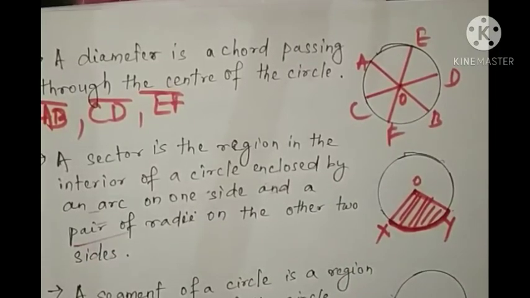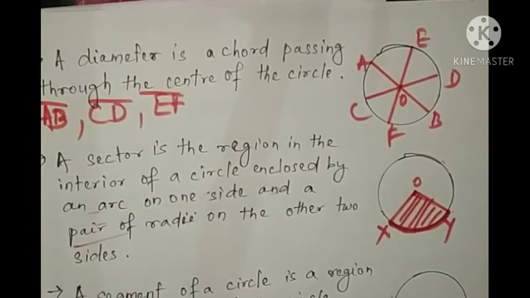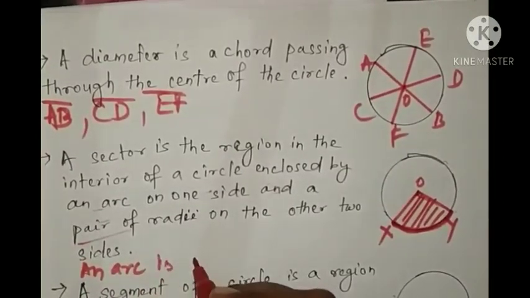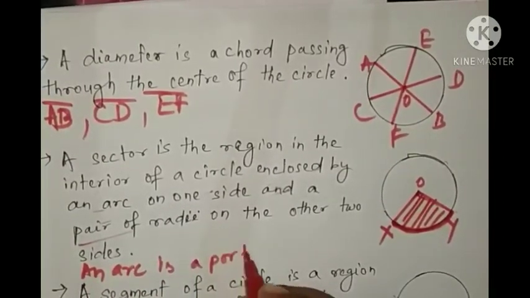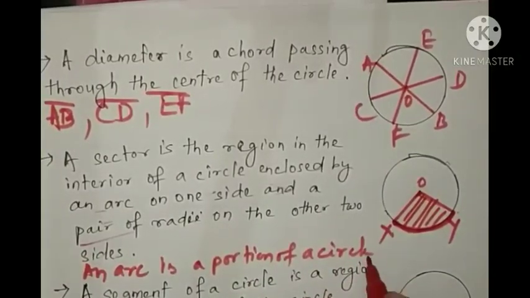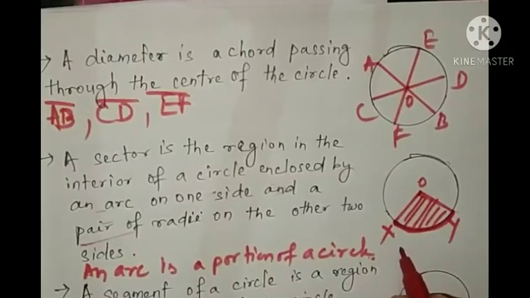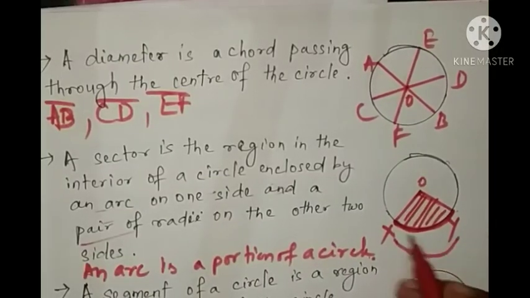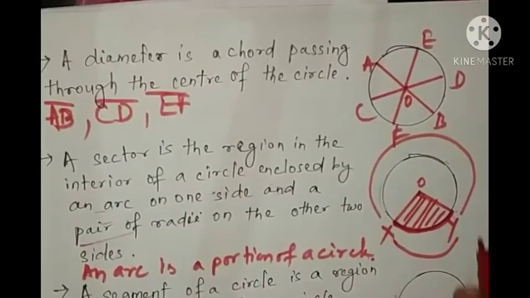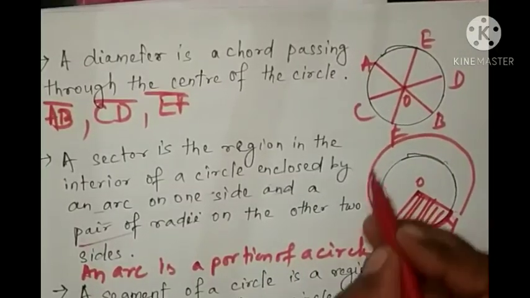So what is an arc? An arc is a portion of a circle. If we cut a circle anywhere, this is an arc, but you also get another arc, this big arc. So one small arc, then one big arc.